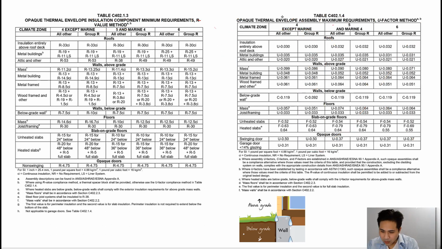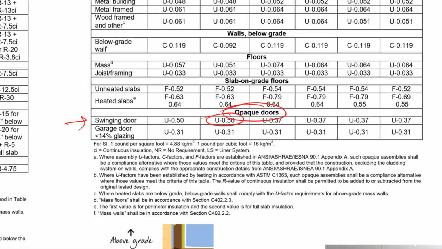To get the maximum U value that we are allowed to use based on the New York City Energy Code, we're going to go back to the table here and go down here. You see here it says opaque doors. Opaque just means no light is able to penetrate the door. So we're going to use that value for swinging door. And again, New York City is climate zone 4 and we are in group R. So we're going to use a U value of 0.5.